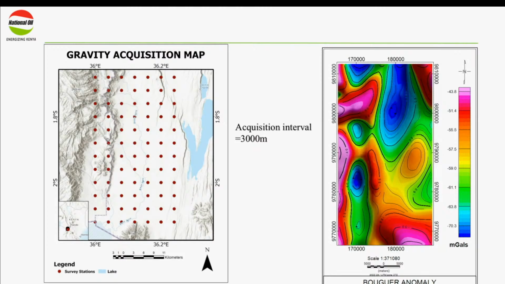The next plot is of my survey stations, mainly spaced around 300 meters by 300 meters. And the other grid is the Bouguer anomaly grid. The Bouguer anomaly grid has both the regional and the residual anomaly combined together.